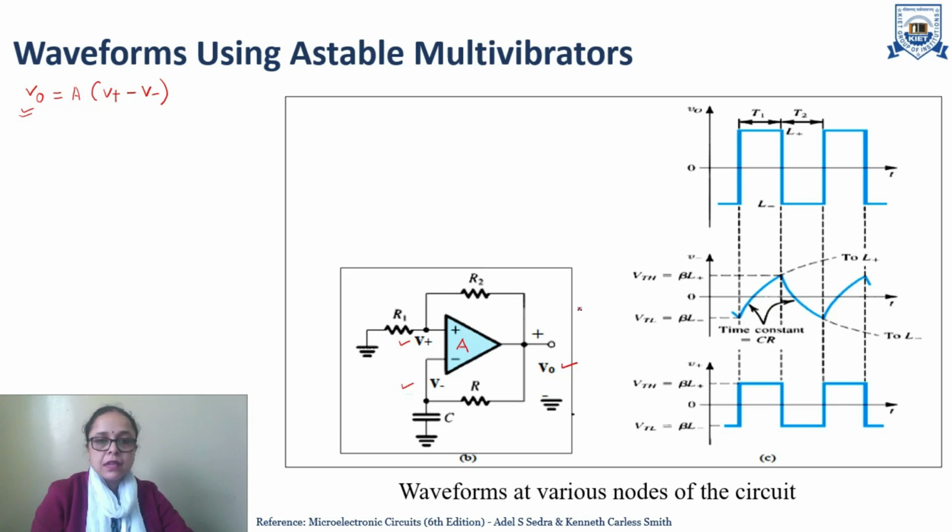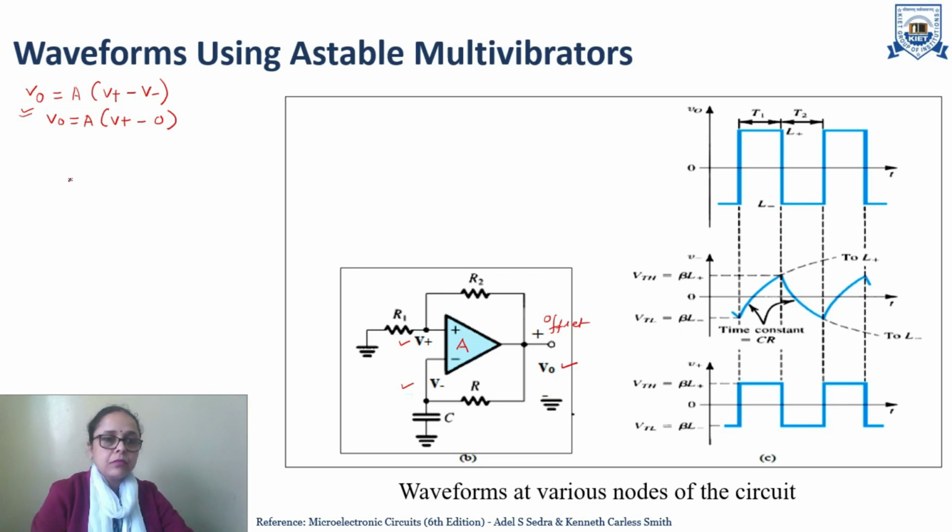Here we can see there is no input signal, but because of some offset or noise we can assume that some offset or noise is present at the output. So with this assumption, V naught can be written as A times V plus, which is some positive voltage because of this noise or offset, and V minus is at 0.